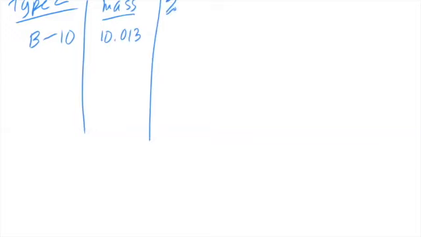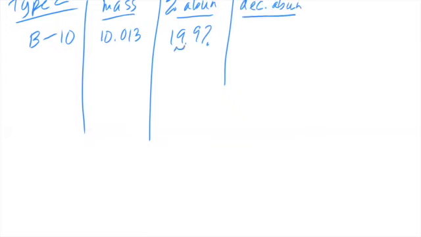And the percent abundance for that isotope is 19.9%. And so you can see that its decimal abundance would be, move the decimal 2 places to the left, 0.199.